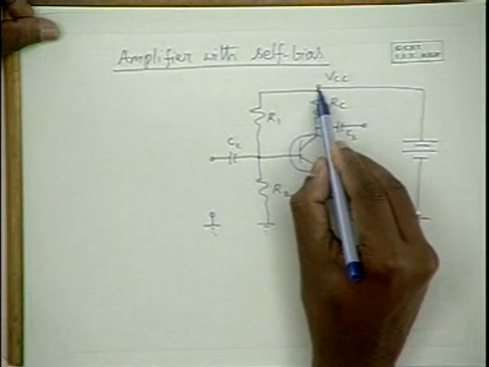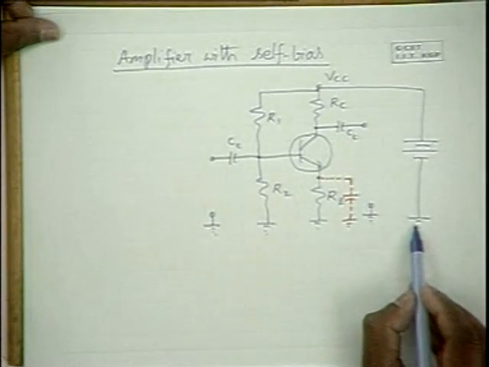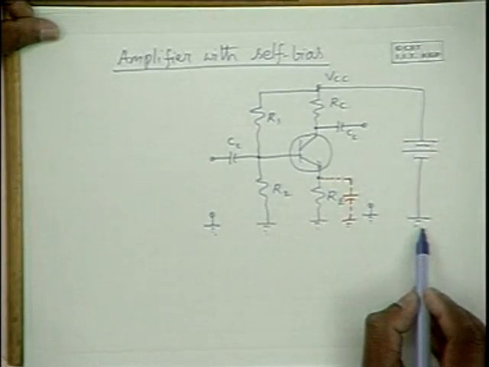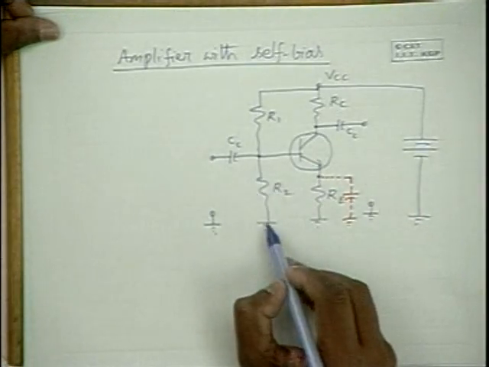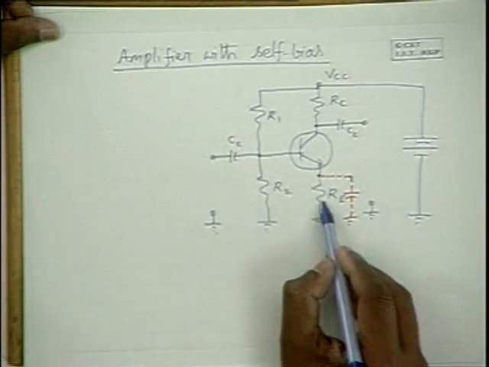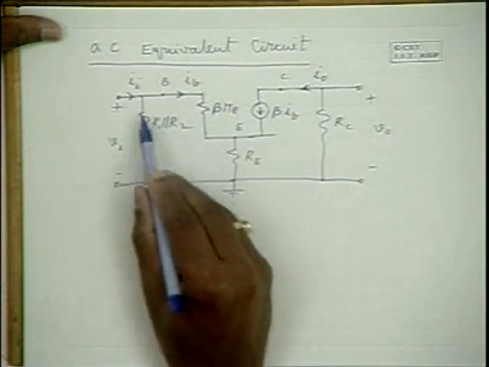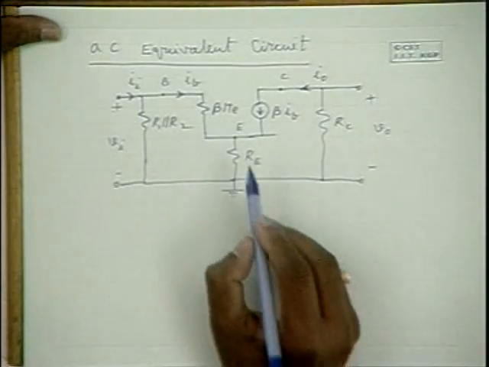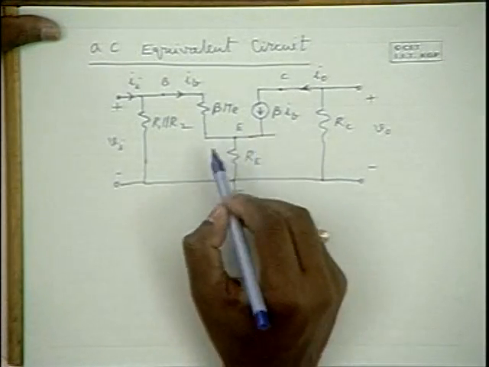Hence, one end of RC is connected to the collector and the other end is connected to the ground. And similarly, base is connected to the ground through R2 and R1, and emitter is connected to the ground through RE. Hence, this is the equivalent circuit. And between base, collector and emitter, we have the transistor equivalent circuit.